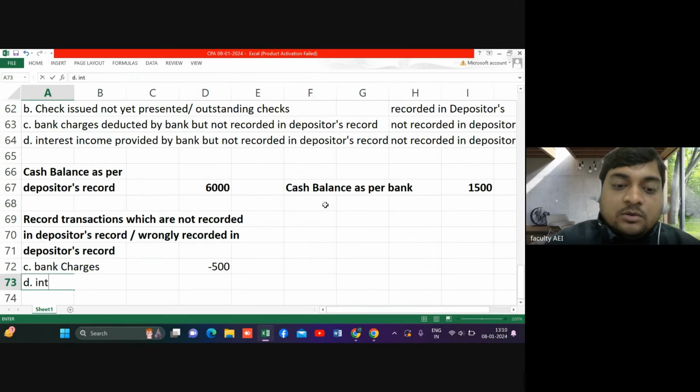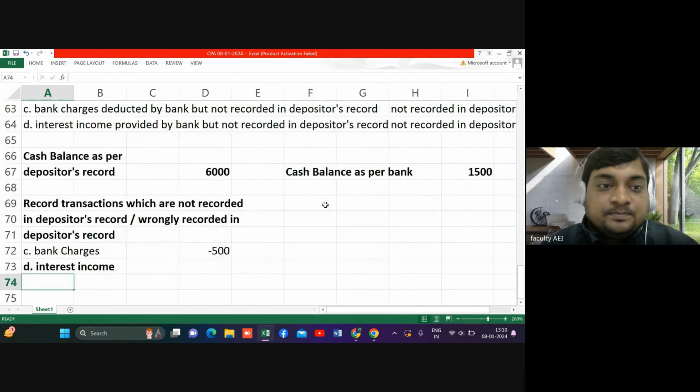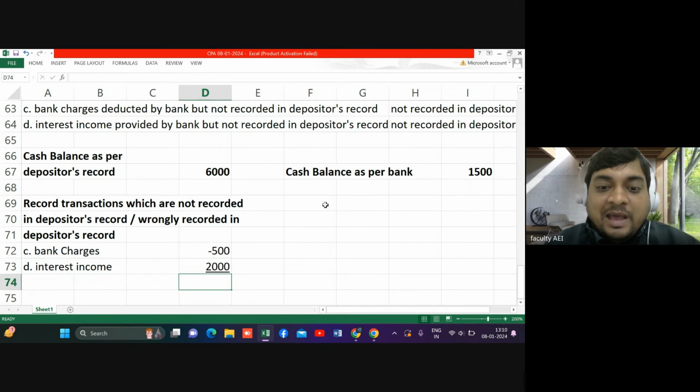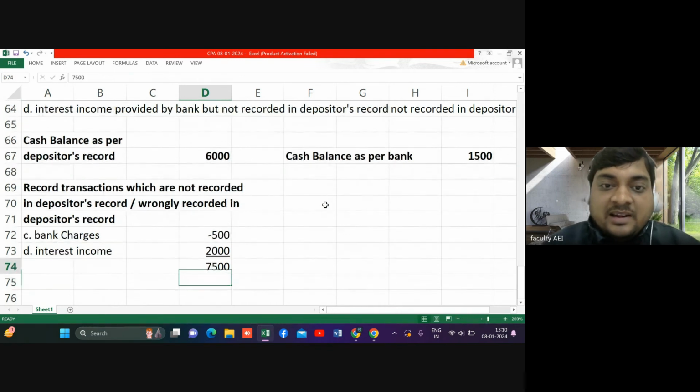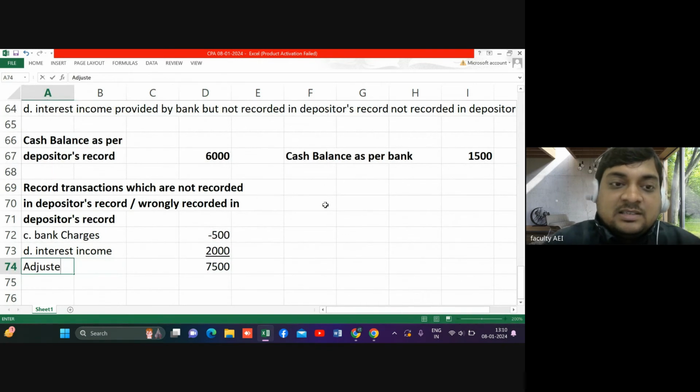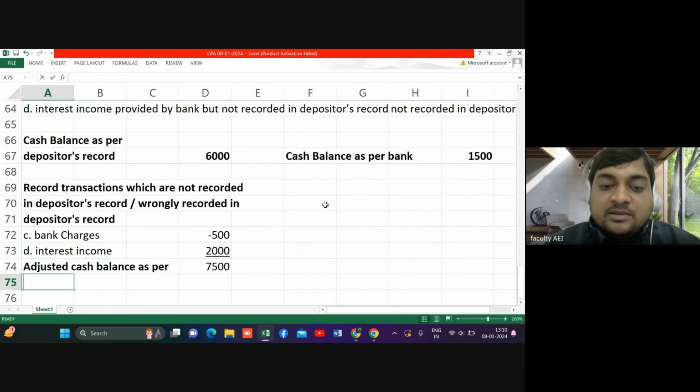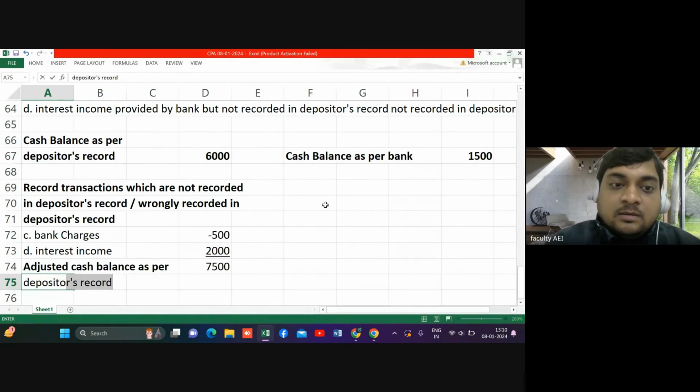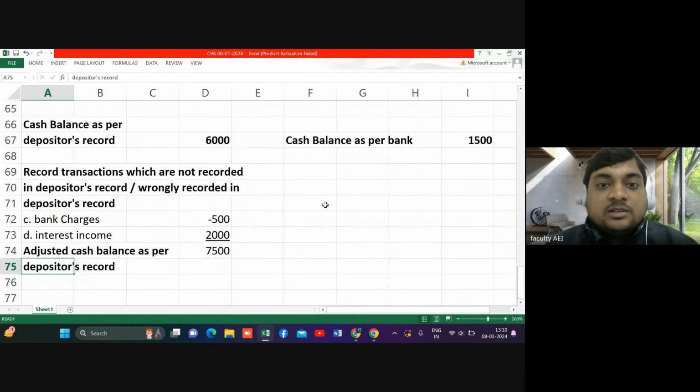If I talk about interest income, I will increase my balance by 2000. So as a result, I'm getting 7500. This is adjusted cash balance as per depositor's record.